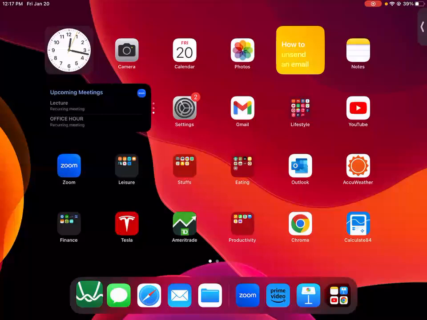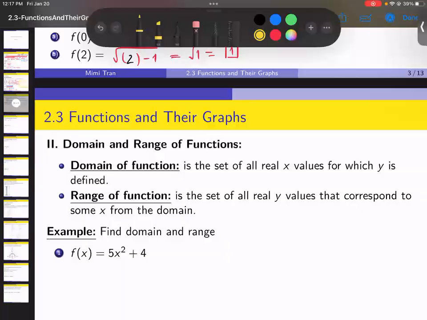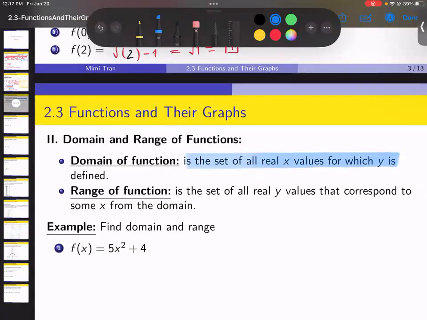So the domain of a function is all the x values, the set of all real x values for which y is defined. Let me write something more. The x values go from smallest to largest. You always start from left to right.